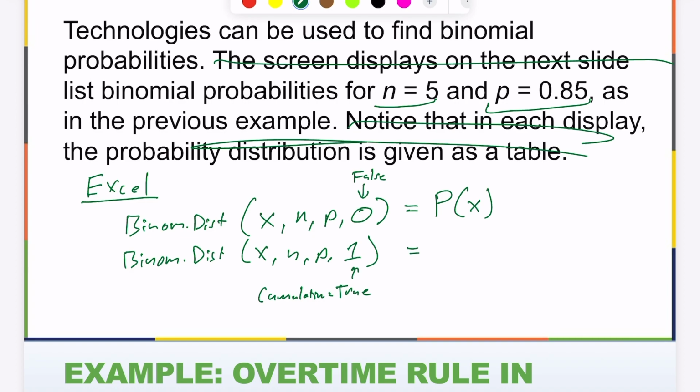equals the probability of not only getting x, but the probability that big X is less than or equal to little x. This one here is a shorthand. Probability of little x.